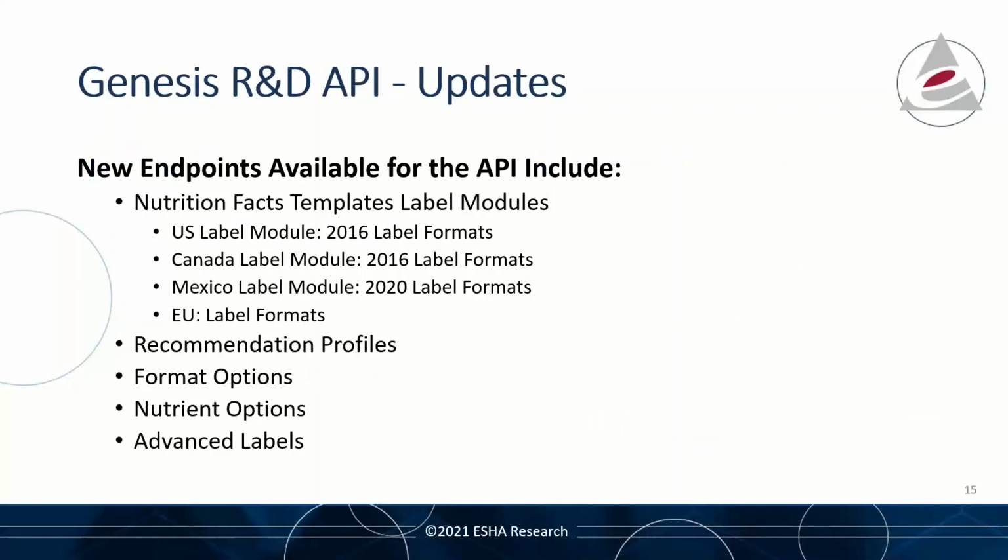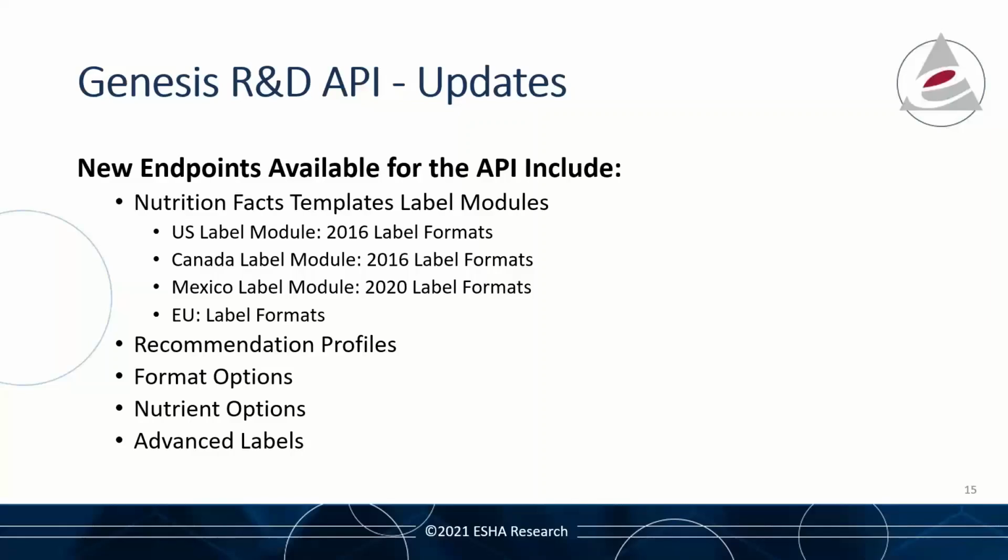Specific changes that we made to the API include the inclusion of all fields and label formats that are in your license. So with the API, you can now define the nutrition fact label module that you want to call upon.